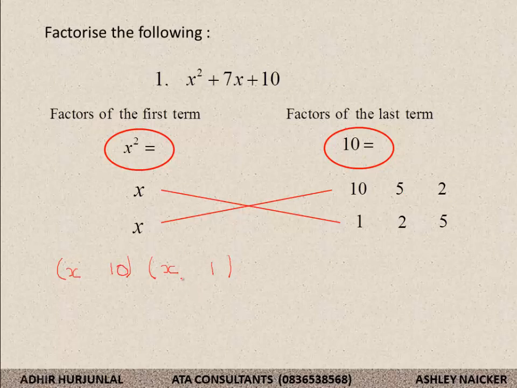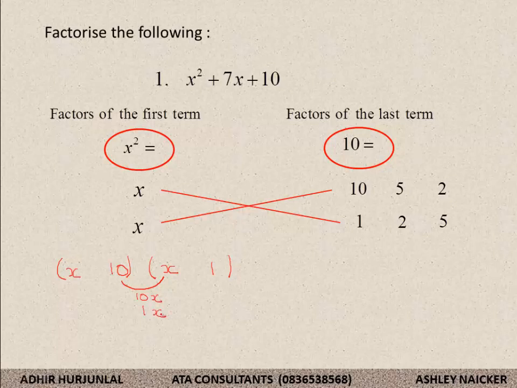Now you remember the FOIL method. When I'm applying the FOIL method, this is what I need to do, guys. I'm not interested in the x times x because I know that is x squared. I'm not interested in the last term because 10 times 1 is equal to 10, which I have here. I'm more interested in getting the middle term, which is 7x. Now watch this, guys. If I multiply 10 times x, I'm left here with 10x. If I multiply 1 times x, I'm left here with 1x.